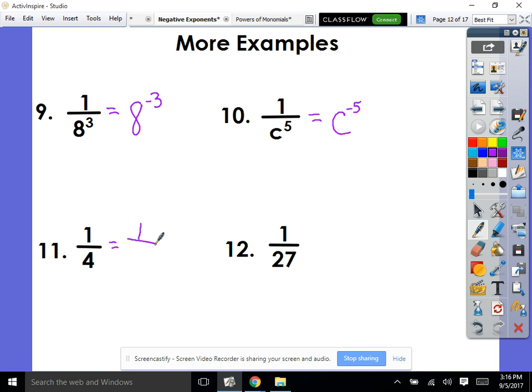So 4 is the same thing as 2 squared, 2 times 2, which would give us 2 to the negative second power. 27 is a perfect square or perfect cube? Well, we know that 27 is the same as 3 to the third power. We find our reciprocal, and that would give us 3 to the negative third power.